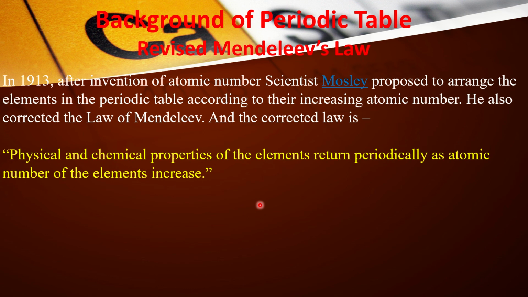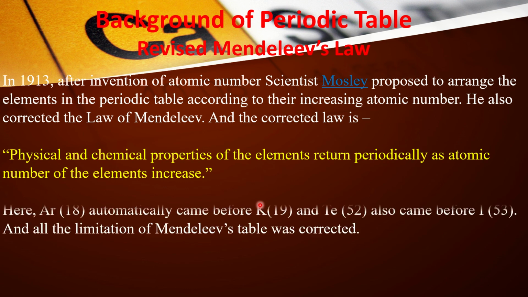Same law. Mendeleev said that physical and chemical properties of the elements repeat periodically as atomic mass of the elements increase, but Moseley corrected the law and said that physical and chemical properties of the elements repeat periodically if the elements are arranged according to their increasing atomic number.